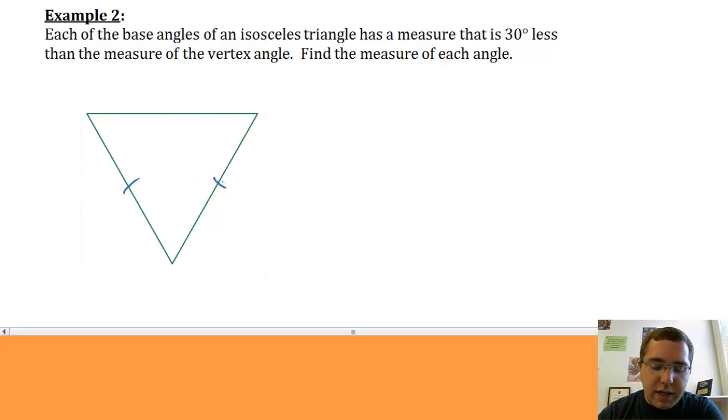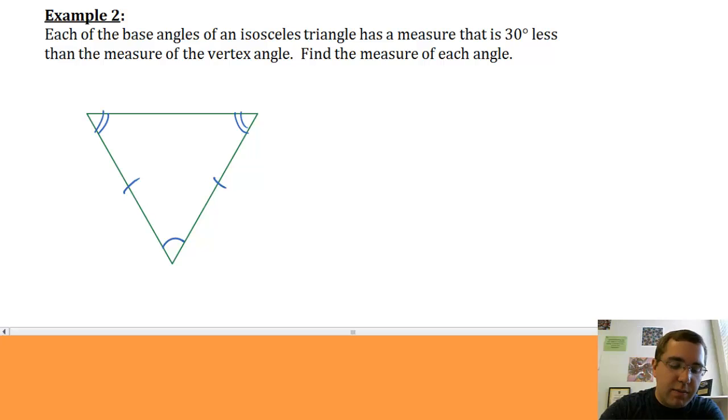The vertex angle is the angle between those two sides, and then the base angles of an isosceles triangle are equal, so that's those two angles up there. And according to the problem, the base angles of this particular isosceles triangle each have a measure 30 degrees less than the measure of the vertex angle. We need to find the measure of each angle.